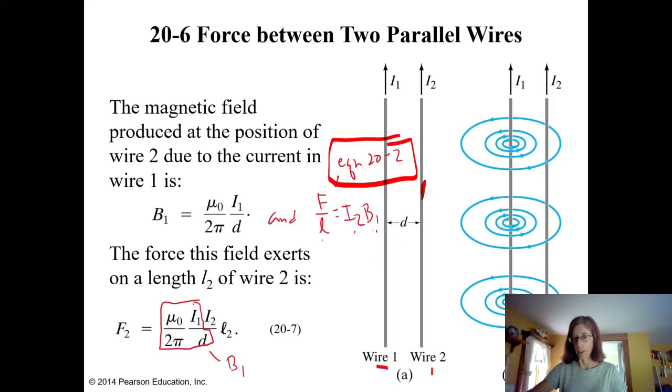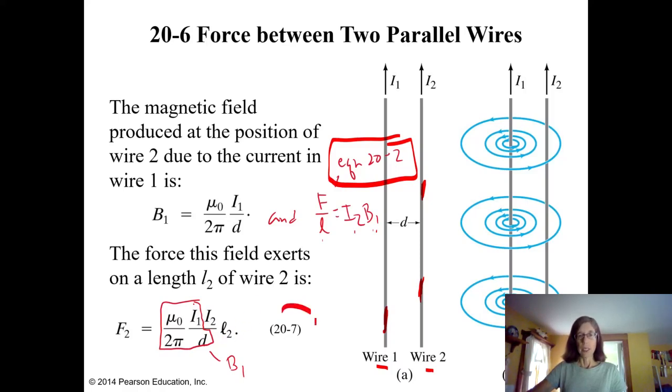All right, so we have wire 1 and wire 2. So the force that is being exerted, F2 here on wire 2, is just going to be equal to B1, because that's the force coming from the magnetic field from wire 1, times I2 times L2.